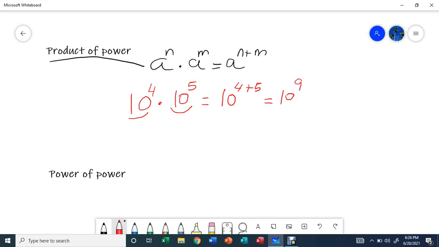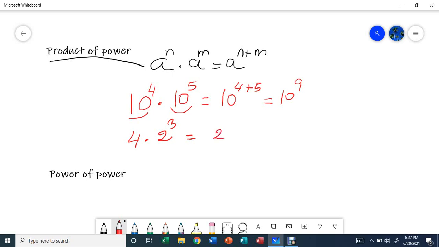So another example, 4 times 2 to the third power. So I have to change 4 to some exponent expression with a base of 2. And as you know, 2 times 2 is 4.